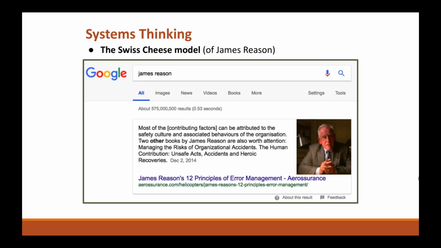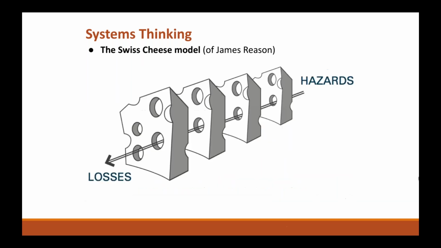So the Swiss cheese model was developed by James Reason in the UK, and it basically tells us that most of the contributing factors to an incident can be attributed to the safety culture and to associated behaviors of the organization. This is very important. It's basically telling us that we shouldn't blame the last piece of cheese.